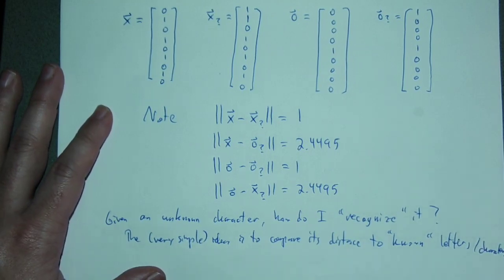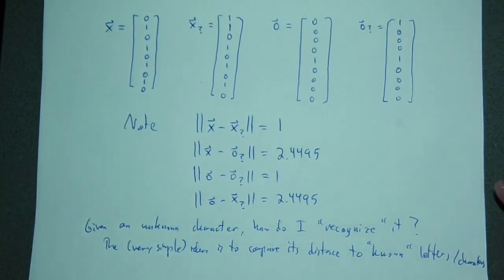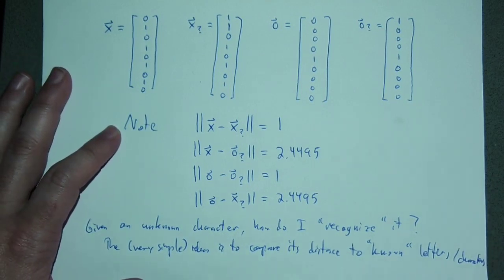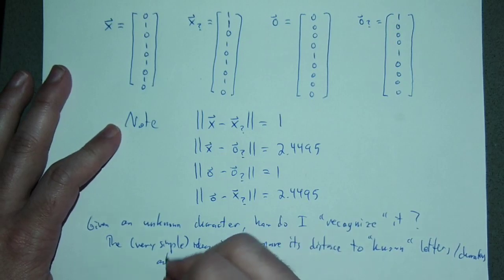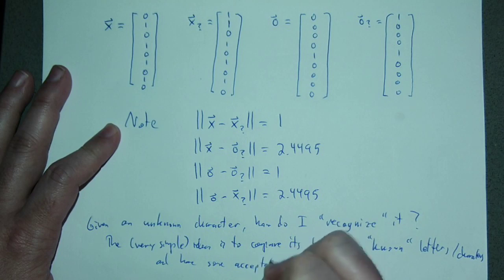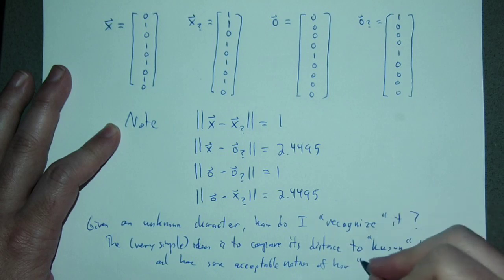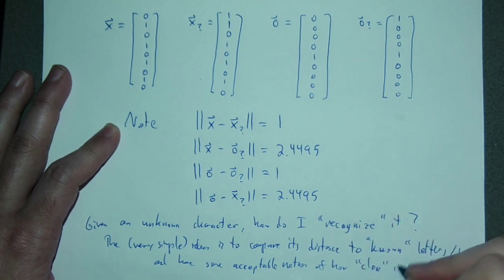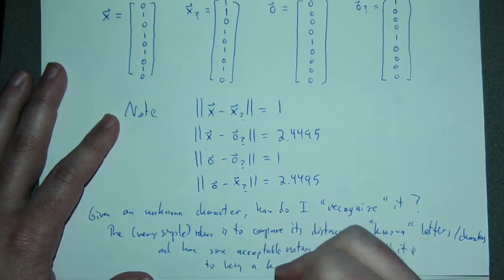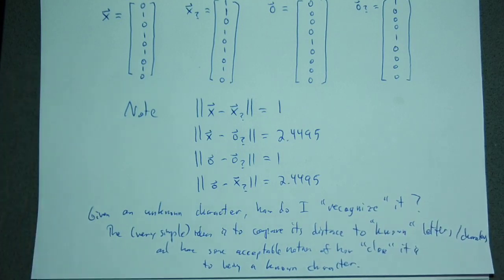I'll try to just use characters here because really that's what I'm interested in, not necessarily letters. But the idea is to compare its distance to known characters and have some acceptable notion of how close it is to being a known character. So that's the basic idea.